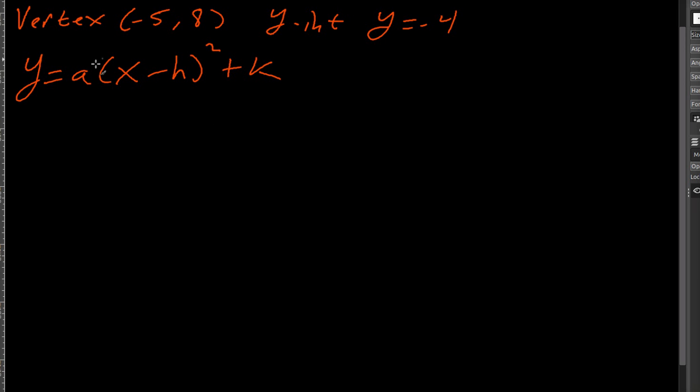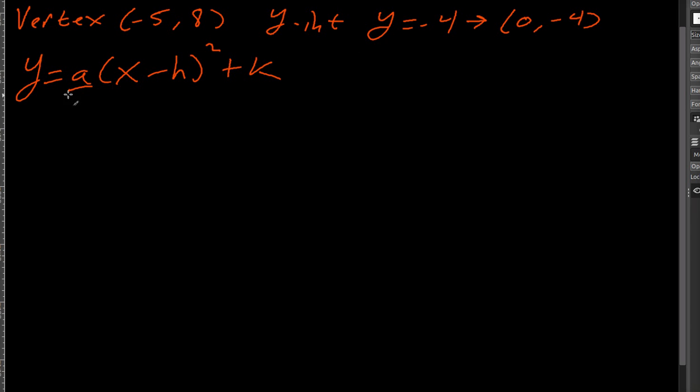The only thing I don't know is this a, right? I don't know that a. So this is just like those times where we would know the slope but not know the y-intercept. And we've done a million problems like that before, right?